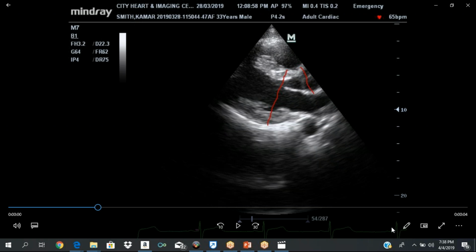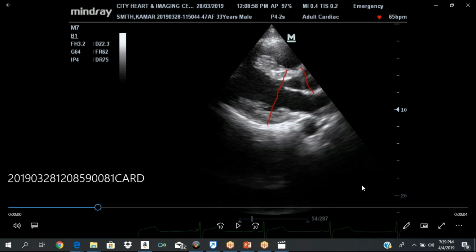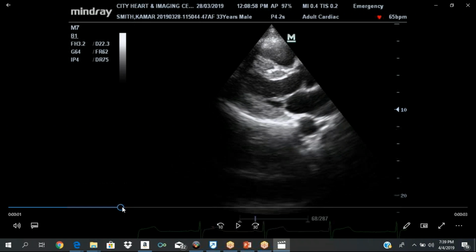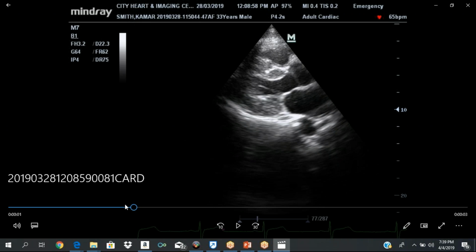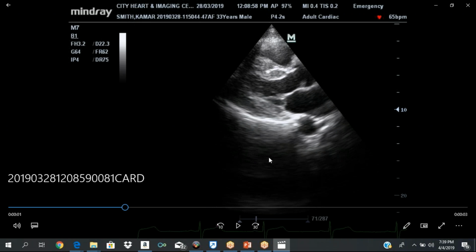And then you're going to get some systolic measurements. Your systolic measurement, you can do it at the peak of the T wave. So at the peak of the T wave, that's a systolic frame. The aortic valve is open, the mitral valve is closed.